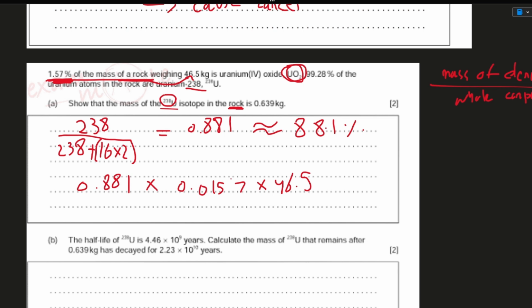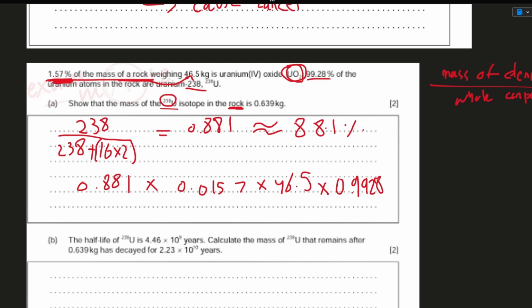And we should multiply that by 0.9928, because not necessarily does this compound have uranium-238 specifically.